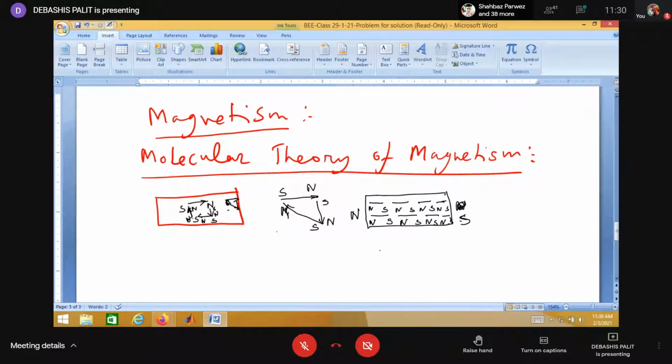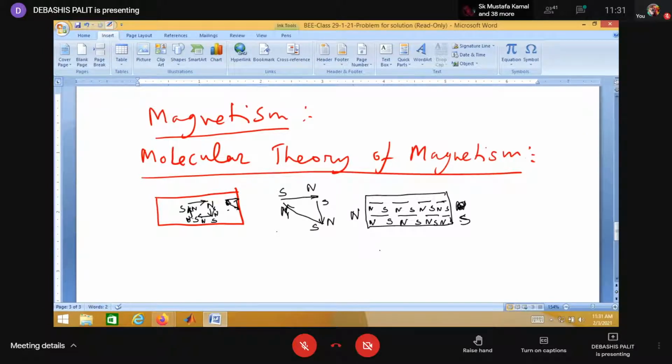So as per this molecular theory of magnetism, magnetism depends on the orientations of the Weber elements. If they are parallelly oriented, then it becomes a magnet. If they are not parallelly oriented, but randomly oriented, then it doesn't behave like a magnet.